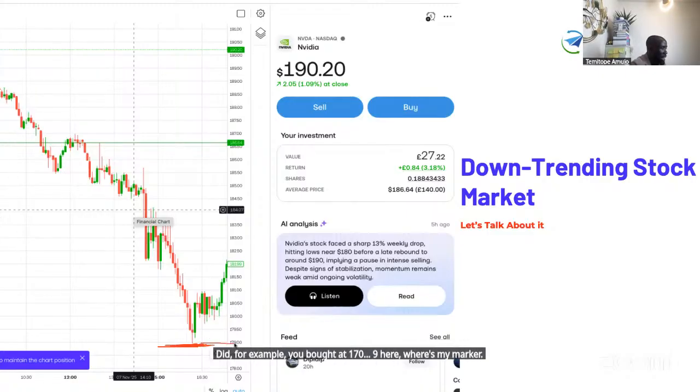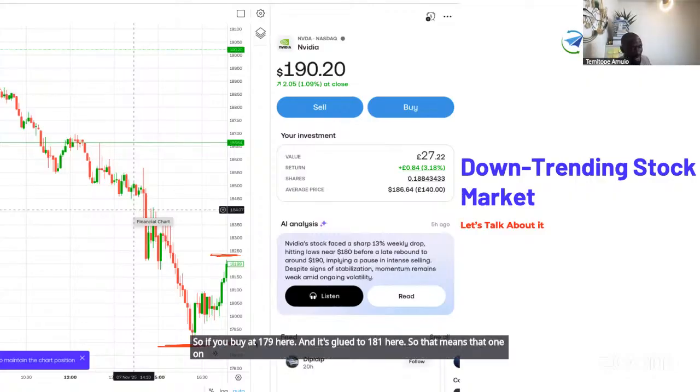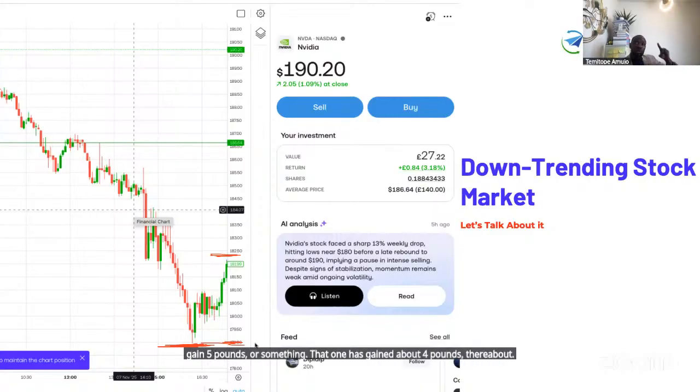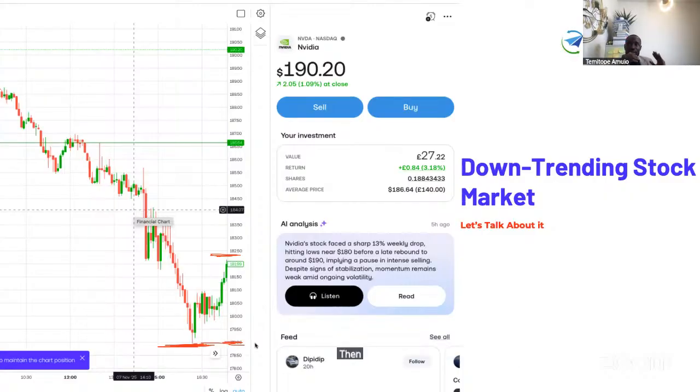If you buy at 179 here and it grew to 181 here, that means that one on its own has gained about £4 thereabout. Meanwhile, the one that was losing money before will now begin to gain its money back. At that point, you are gaining back your returns twice.